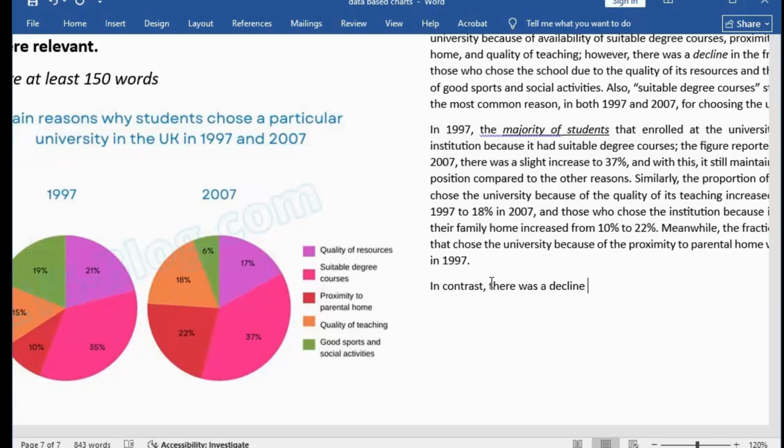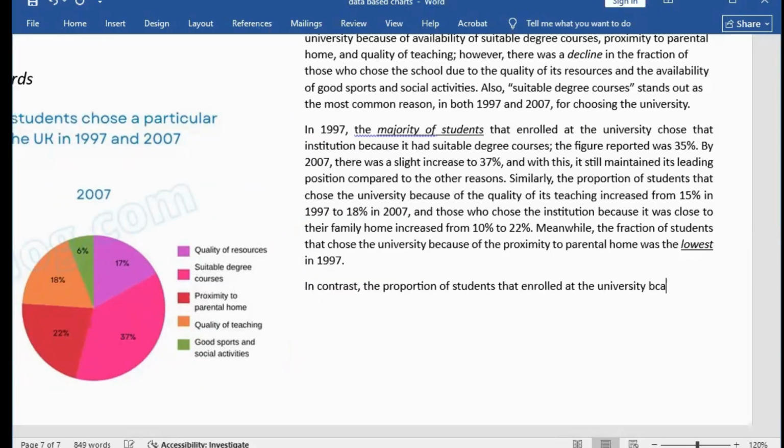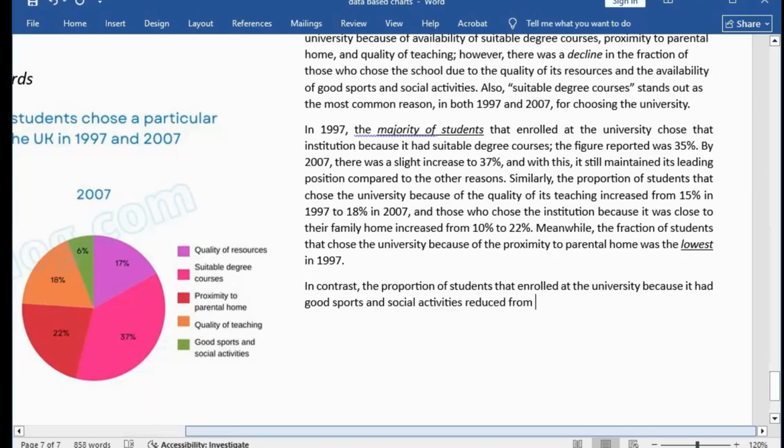Or let me put it this way. The proportion of students that enrolled at the university because it had good sports and social activities reduced from what? 19%.